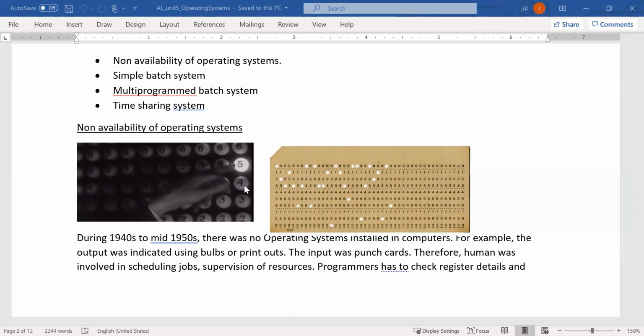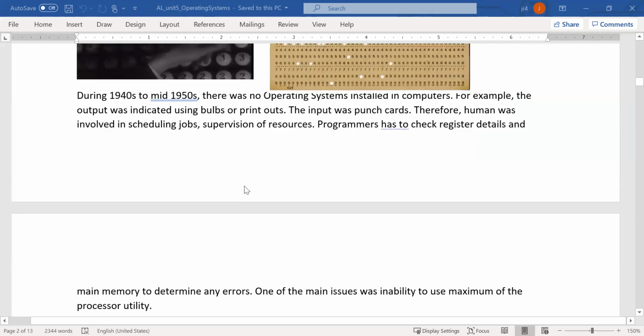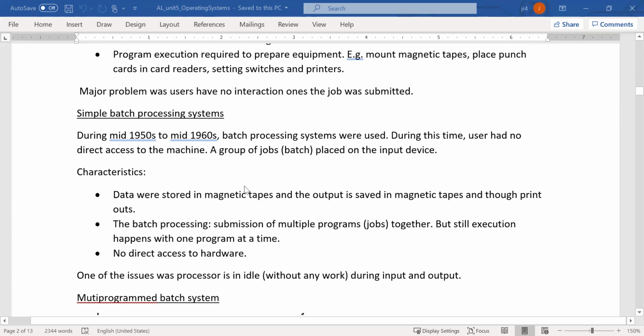And then we had batch programming, the batch system. That means the jobs or the processes are executed one after the other. And then the multi-program batch system. And finally, we have time sharing, right?